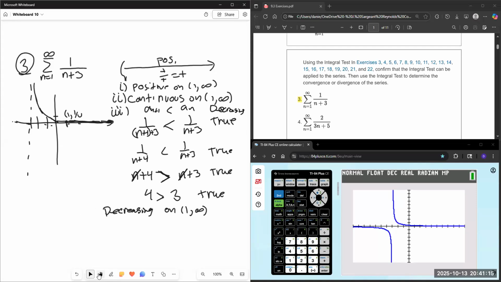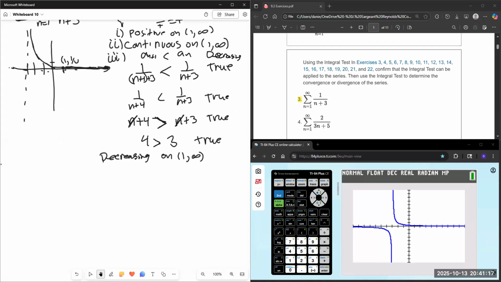So now that I've shown that it's positive, continuous, and decreasing, I'll set up my integral from 1 to infinity of 1 over x plus 3 dx. Notice I changed my n's to x's when I set up my integral, because n really is going to be discrete values over the natural numbers: n is 1, and it's a solid dot, n is 2, and it's a solid dot, n is 3, and it's a solid dot, but it's not all these connected things in between.